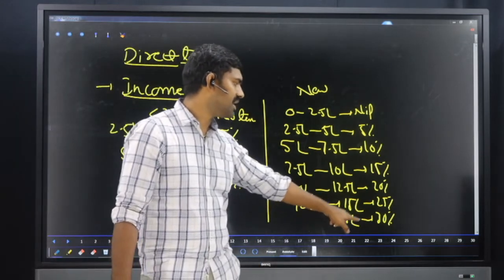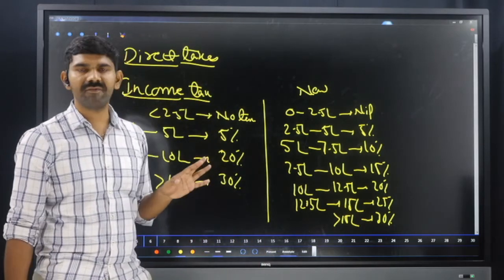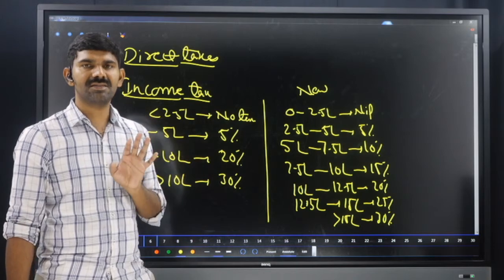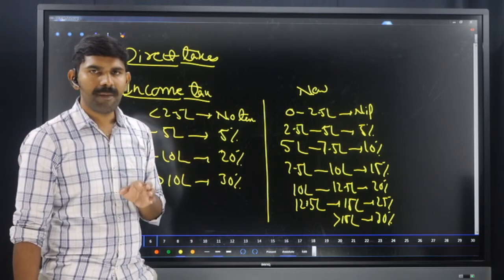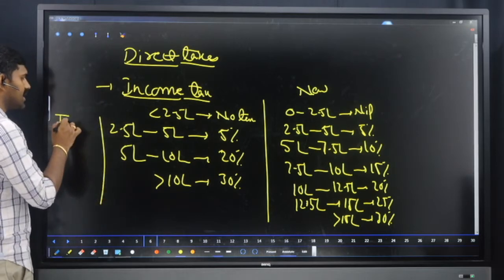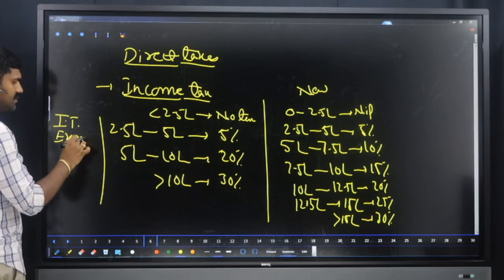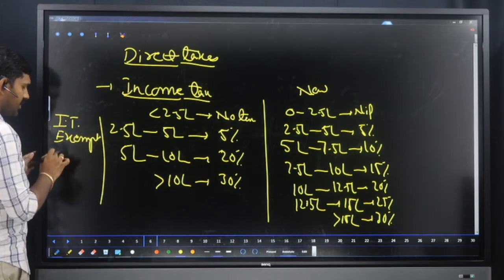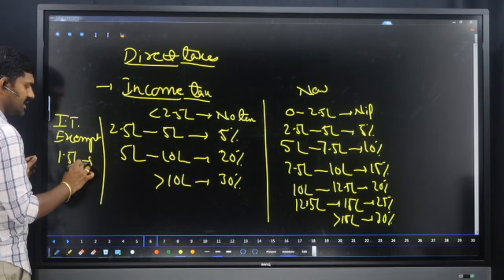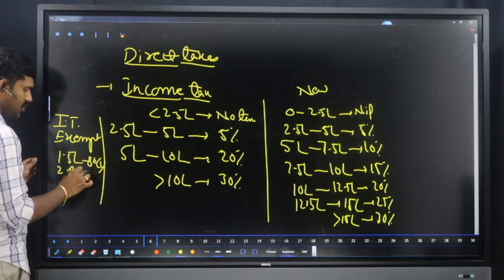But now only 15 lakhs and above pays 30%. So who is going to get a benefit out of this? It depends on the person, because in the old system you had income tax exemptions, such as 1.5 lakh under section 80C, and 2 lakhs of home loan interest.